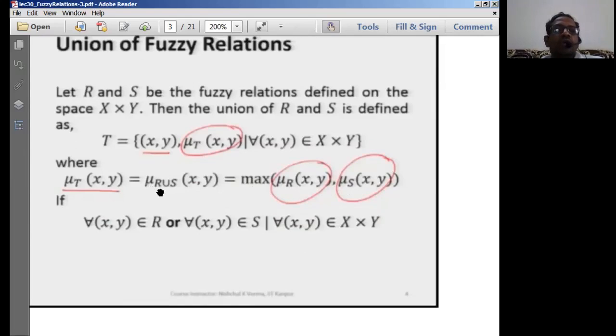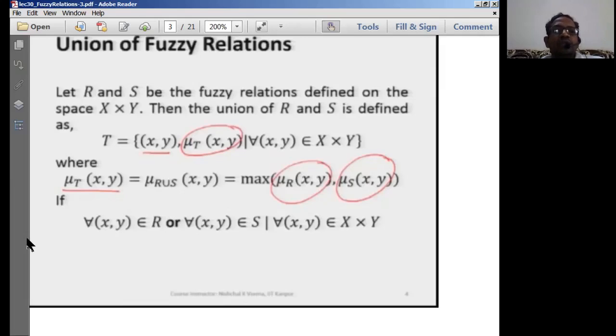If you write mu of R union S, we write mu R comma mu S. If you take mu of S union R, we write here mu S of xy comma mu R of xy. So this is the relation we can write, the relationship for your R and S here.